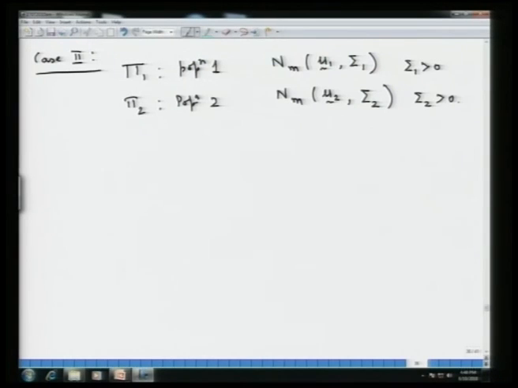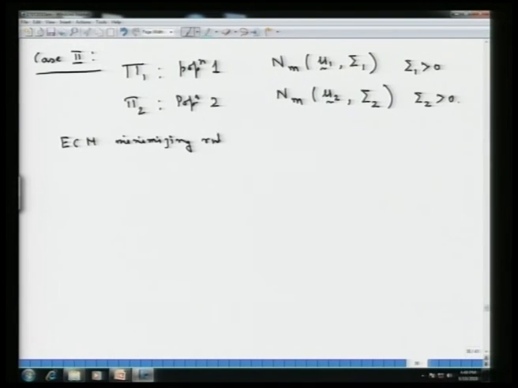The way this case differs from the previous case is that we have two different positive definite covariance matrices. Now, we are trying to see what our ECM minimizing rule is under this setup.